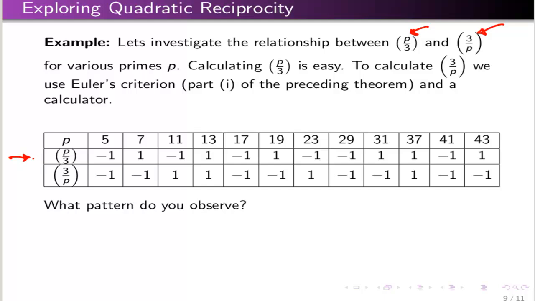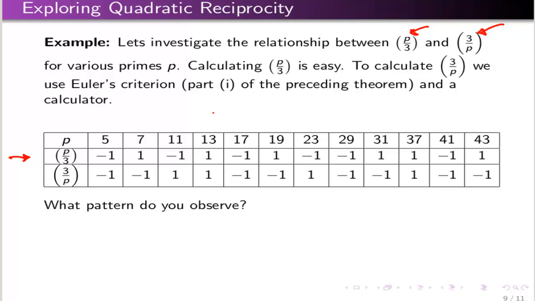I pick out the primes that are congruent to 1 mod 3. So 7, 13, 19, 31, 37, and 43. And those values are all plus 1. And then for the remaining values, they have to be negative 1. So it's very quick to fill out the values of (p over 3).